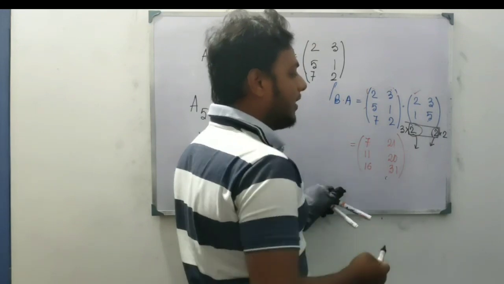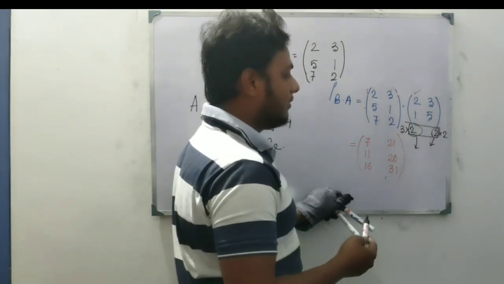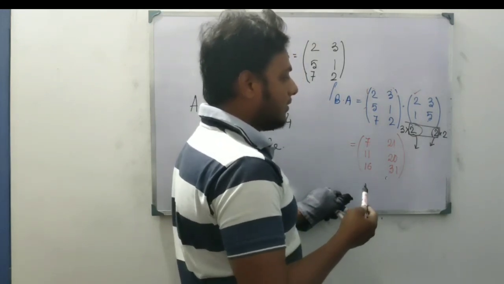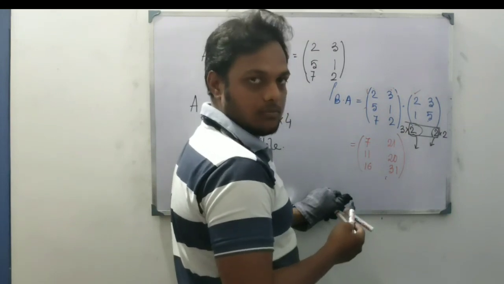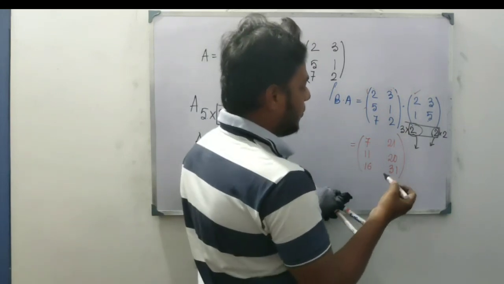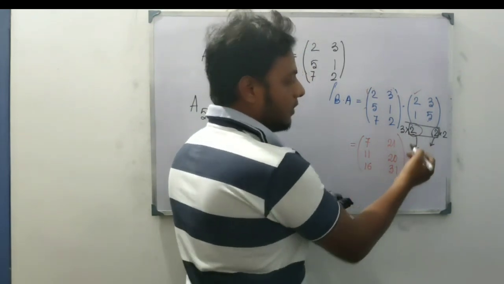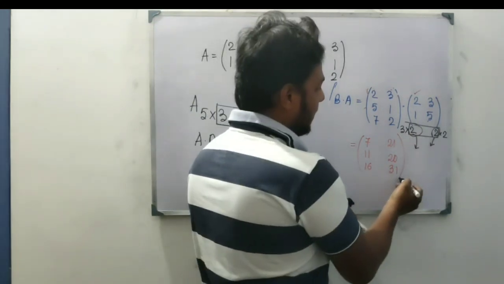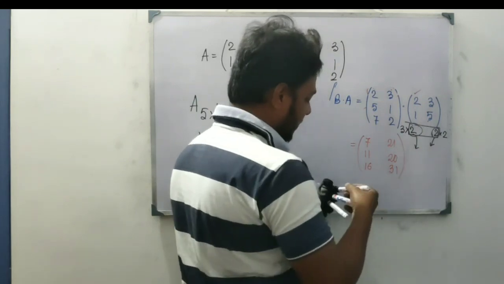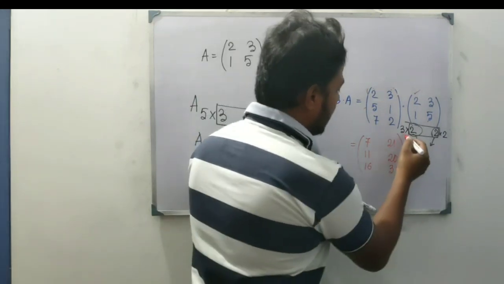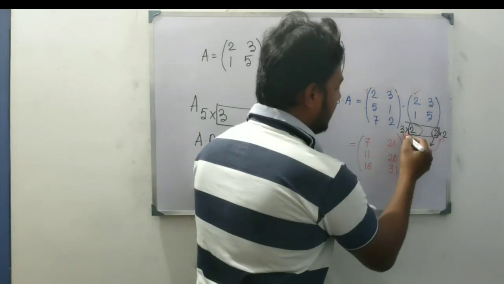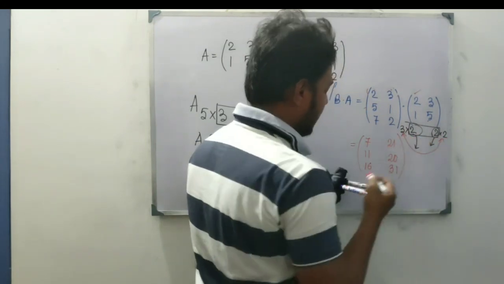We can also get to know the order of the resulting matrix. The order of the resulting matrix will be the extremities. That means this to end. This end is 3 and this to end is 2.